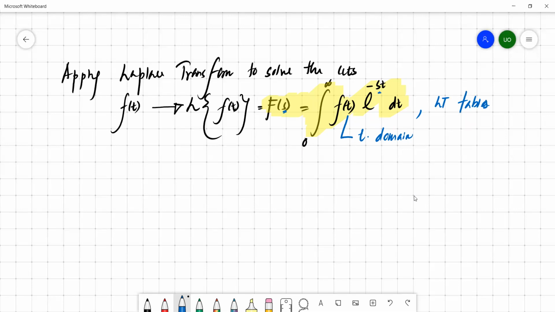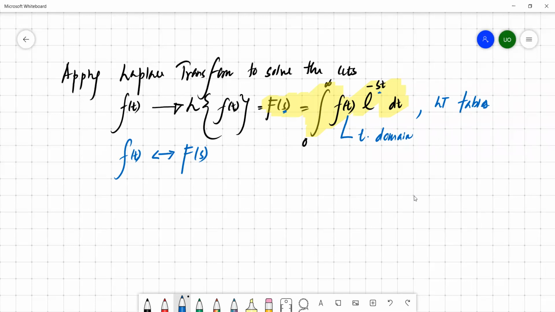If it is a very simple scenario, you can just plug in the integral and solve it. If it is a complex one, you can refer to the Laplace transform table, which has the time domain quantity and the corresponding Laplace transform. So this is bidirectional.